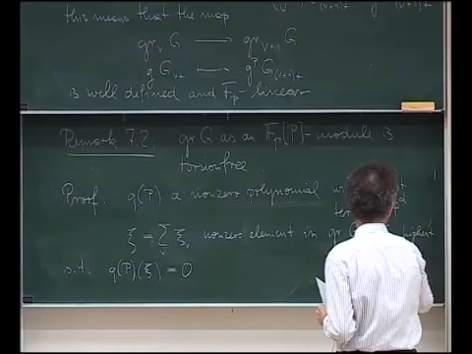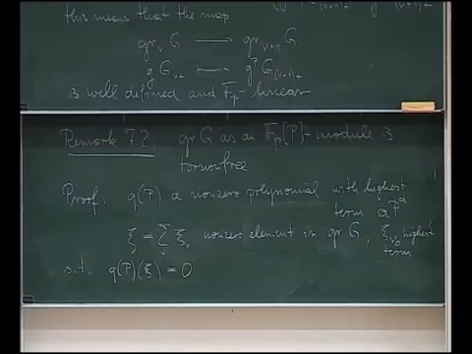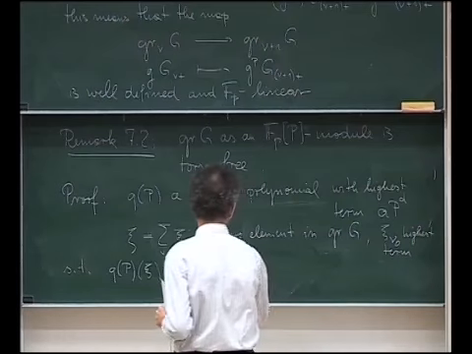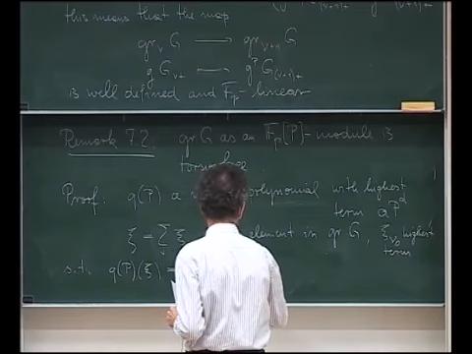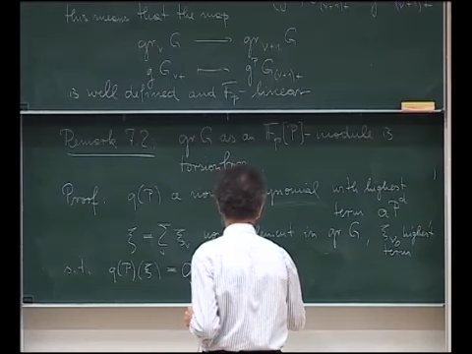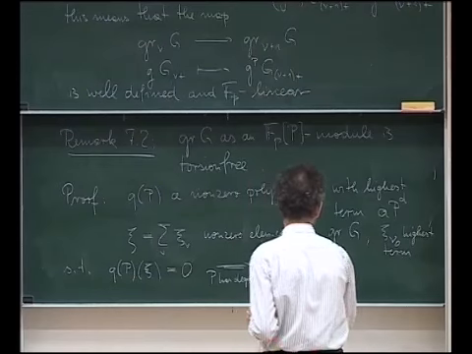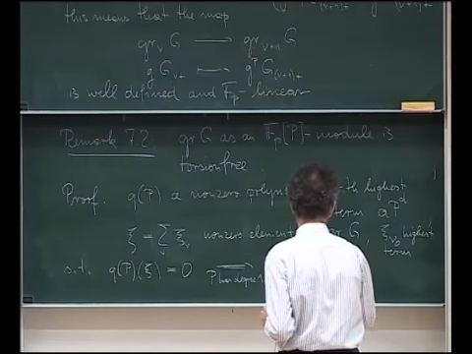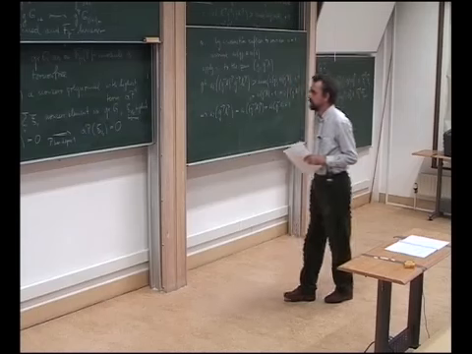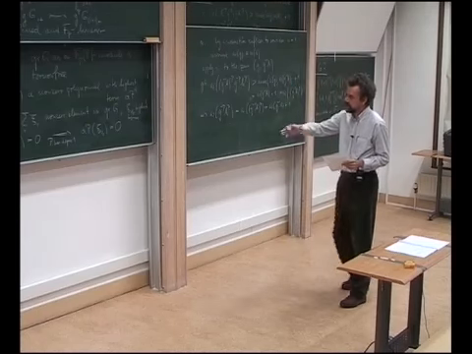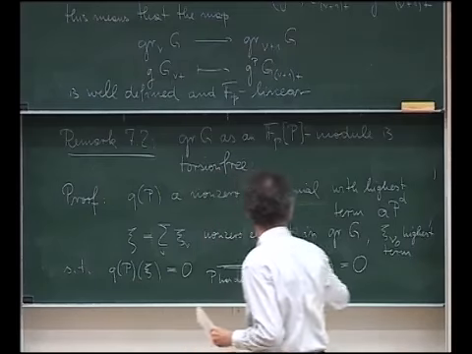Let's say xi u0 is the highest term. Then, of course, because P has degree 1, it follows that already a P of xi u0 has to be 0.